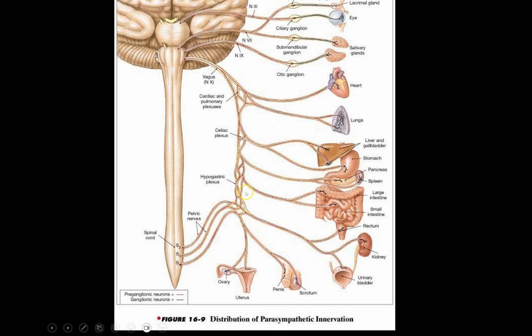So the glossopharyngeal nerve relays in the otic ganglion and supplies the parotid salivary gland. Ninth nerve: inferior salivary nucleus, tympanic plexus, otic ganglion, and parotid.